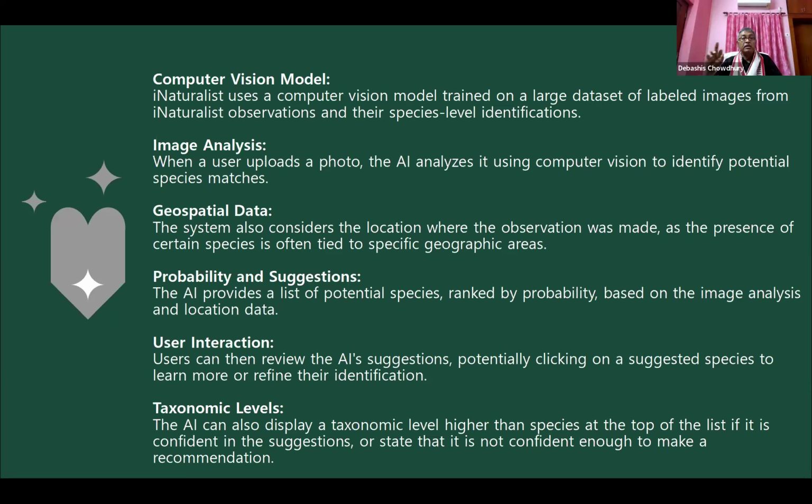If you click that, iNaturalist, that is the artificial intelligence, will give you suggestions about the potential matches. Sometimes they provide correct ones, and sometimes they may provide look-alikes, which may not be correct.